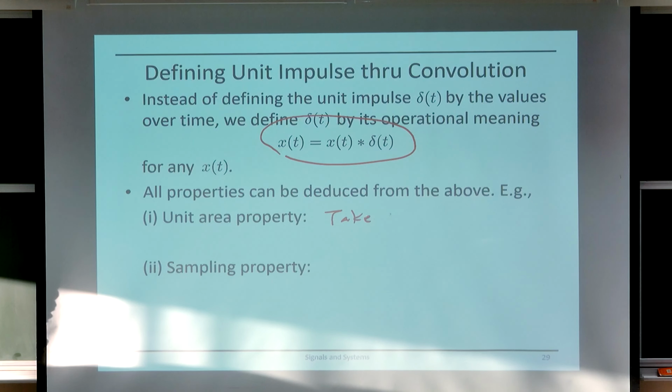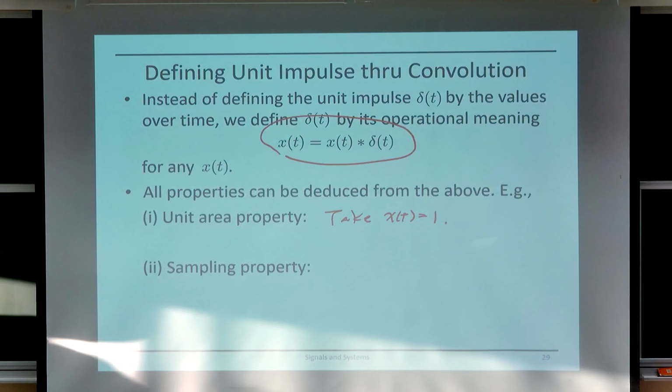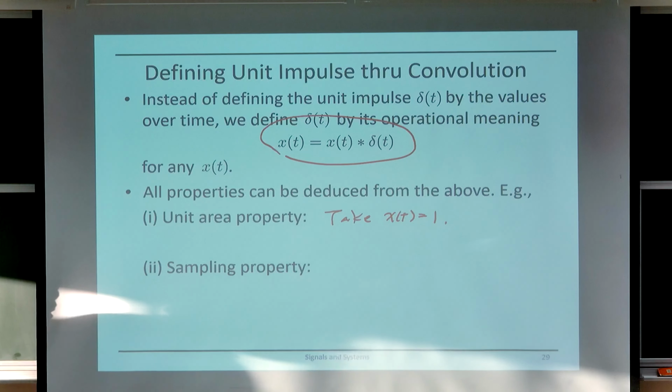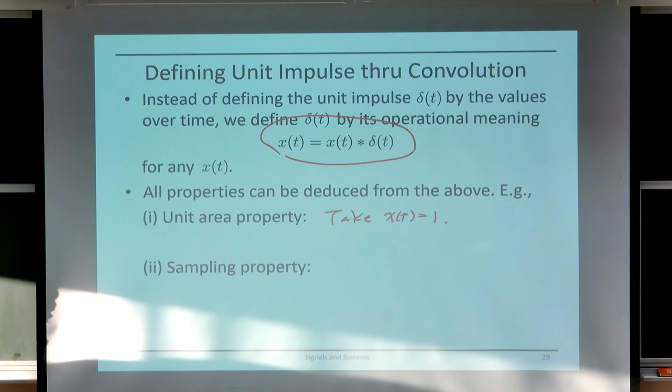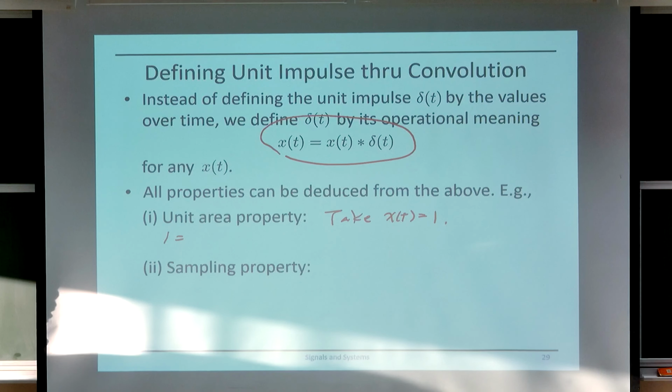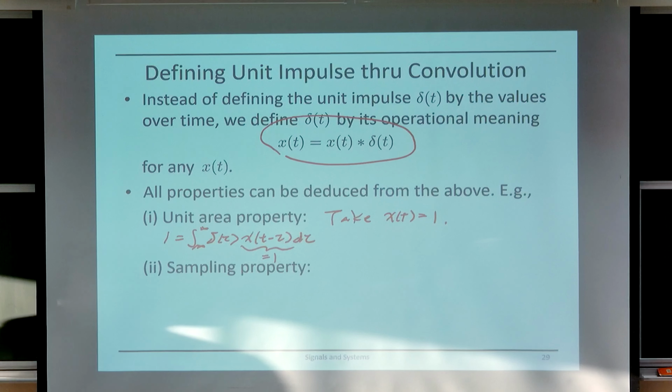So we take the case where x of t is equal to 1. If you plug this inside, the left-hand side is 1. The right-hand side, which is the convolution, is the integral of delta of tau x of t minus tau d tau, and x of t minus tau here is equal to 1.